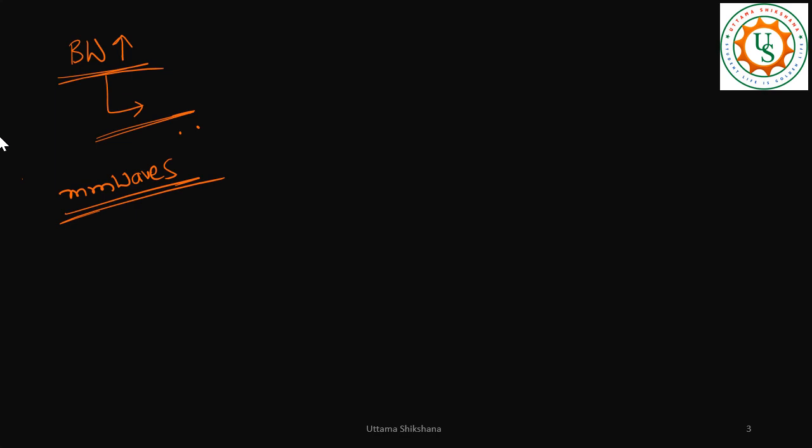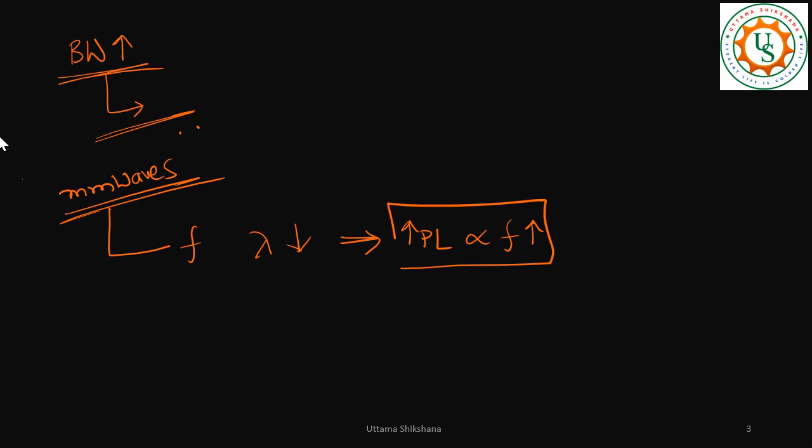So for millimeter wave, what are the challenges? The first and foremost thing is that we are going to increase the frequency, which means the wavelength lambda is decreasing, which implies that the path loss, whose equation is directly related to frequency, increases. As the frequency increases, the path loss increases. So we are not in a position to transmit the signal for a longer distance. It gets attenuated much faster.